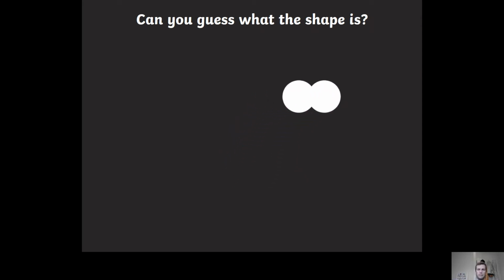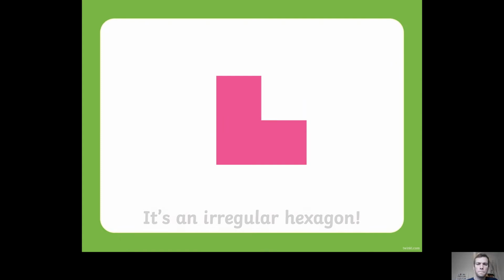I think they look like they might be slightly different vertices. So I think this looks like a capital L. 6 sides. It's got to be a hexagon, but it's an irregular hexagon.